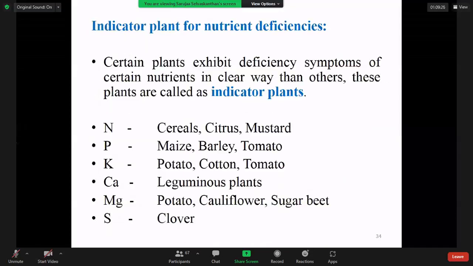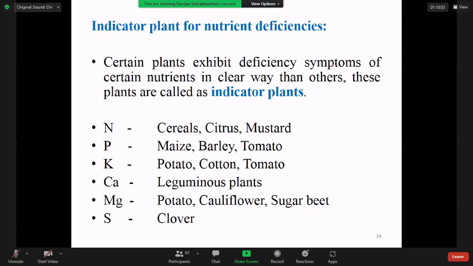Then indicators of plant nutrient deficiency. Certain plants exhibit the deficiency symptoms of certain nutrients more clearly than others. These are called indicator plants. What do you mean by indicator plants? They exhibit deficiency symptoms very clearly.